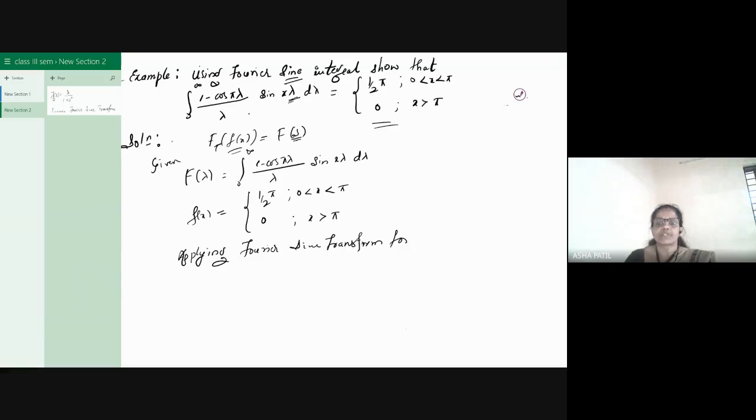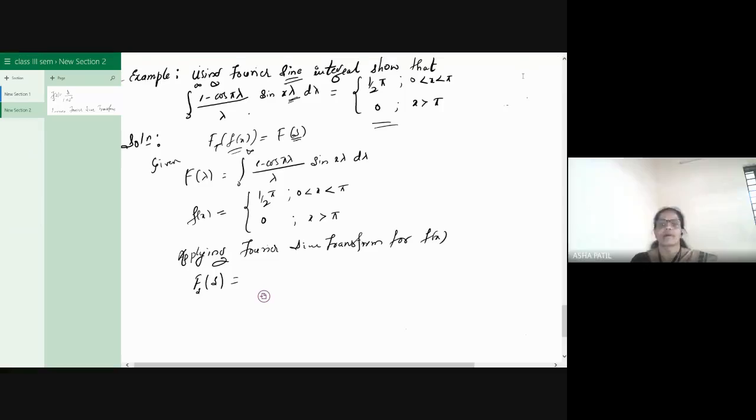For the Fourier sine transform, we have f of s, usually you will write Fs of s, equal to, let me write the formula, later we will change. What's the formula? Am I audible or not?